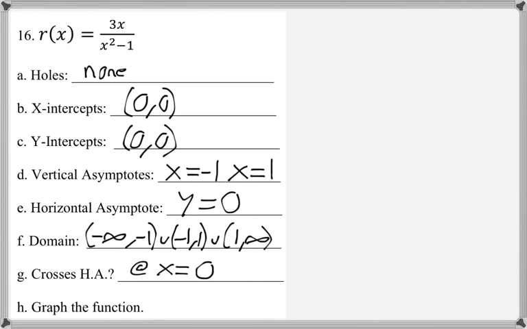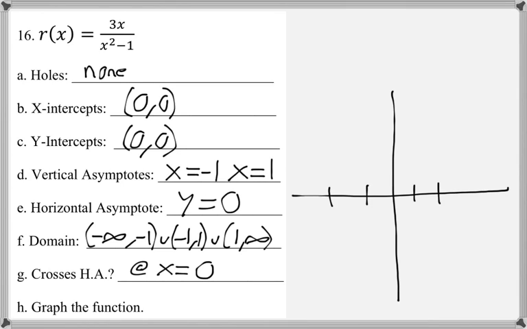Okay, so then the graph, I want to sketch the graph. And it doesn't need to be perfect. And if you want to use the calculator to get the general shape, you can. Let me do the asymptotes first, though. So we know it's at negative 1 and 1.